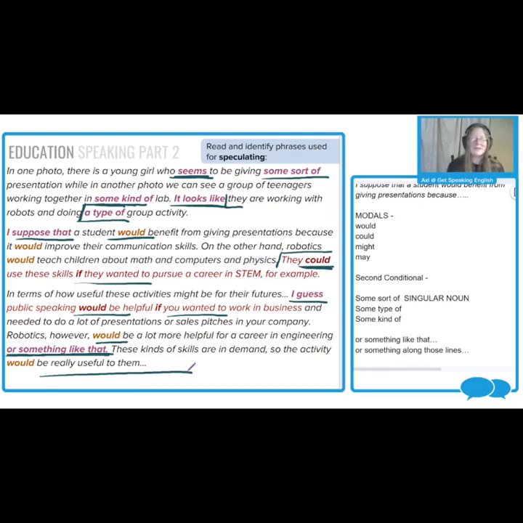So in part one, we don't want to say too much. But on this part of the activity, we want to keep talking until the examiner tells us to stop. So just keep comparing, contrasting, even after you've answered the two questions and talked about the two photos. Just keep going until the examiner tells you to stop. And you should be good to go.